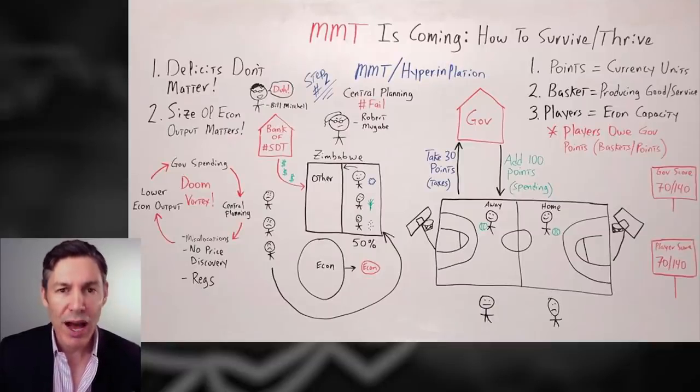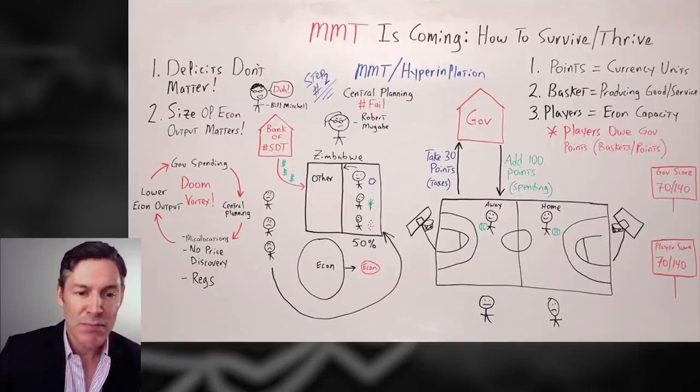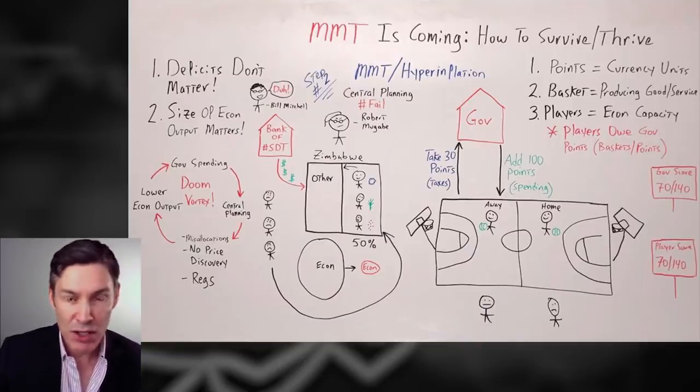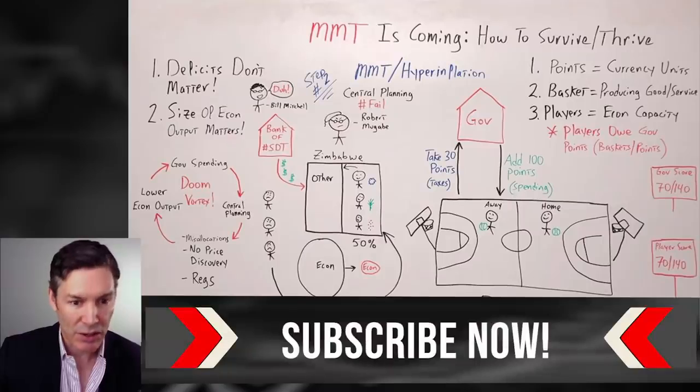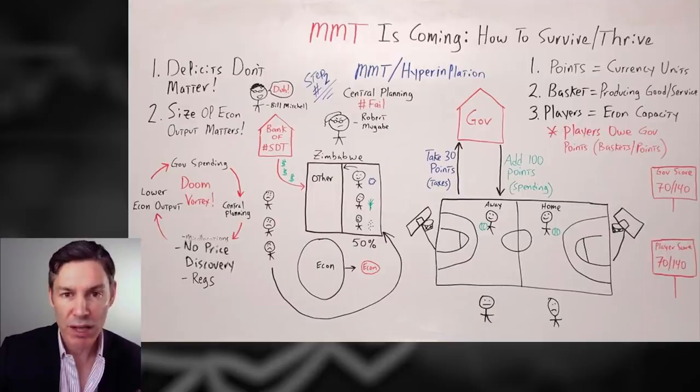So what I think they're missing to a certain degree is that government spending, by definition, is increased central planning. And increased central planning, by definition, means there's going to be a misallocation of resources, less price discovery, and more regulation in the private sector with small and mid-sized businesses.